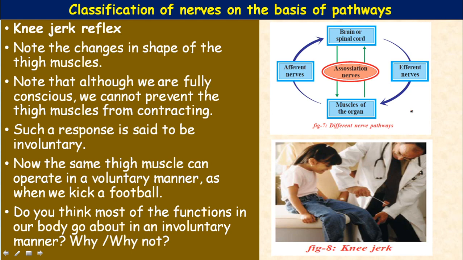Clearly a nerve pathway was involved. So what does it mean? Scientists conducted the experiment to see whether a nerve pathway is involved in the knee jerk. This experiment was conducted in 1875.